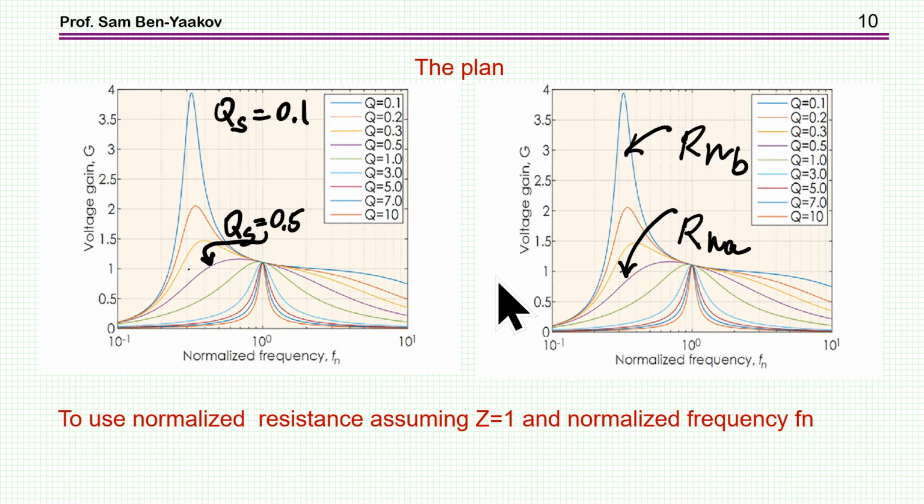So what is the plan here that I'm going to show? This is what is now used, the classical approach. We are looking at these and finding out what is the region we would like to work at, etc. I'm going to turn things around and talk about resistances, because obviously Q is related to resistance.